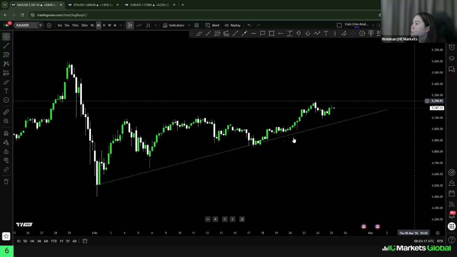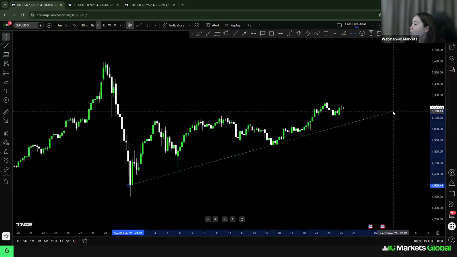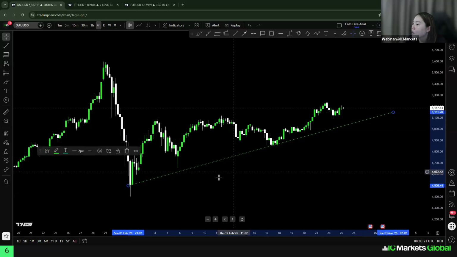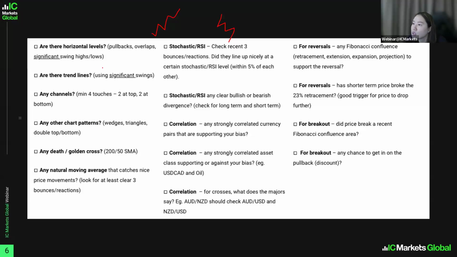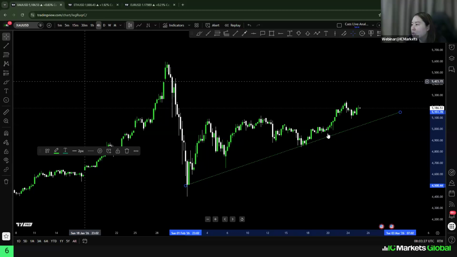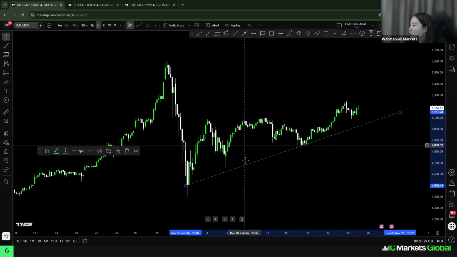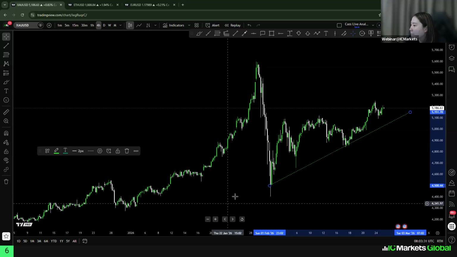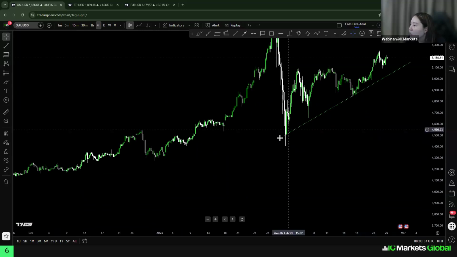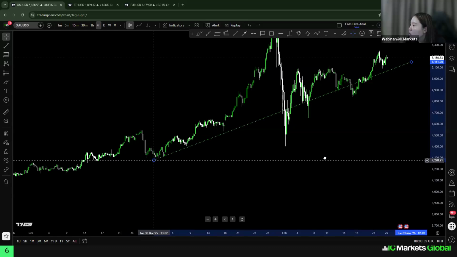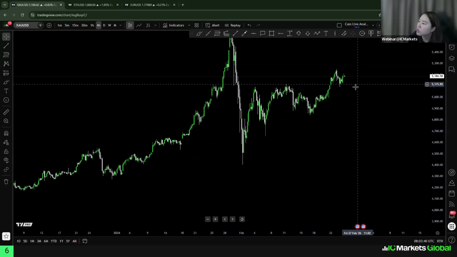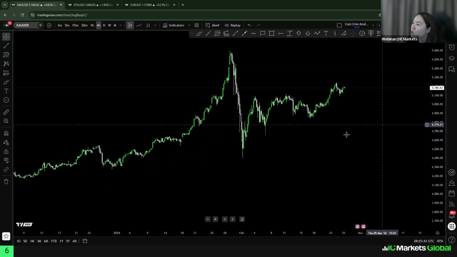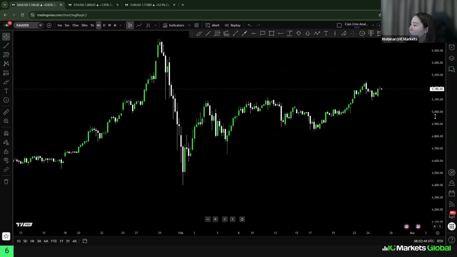I'm just figuring out what there is. Remember the cheat sheet? I said that we need at least 3 touches. So no 3 touches here. Technically, if I pull it, I might be able to come up with something. No, okay, no 3 touches here.